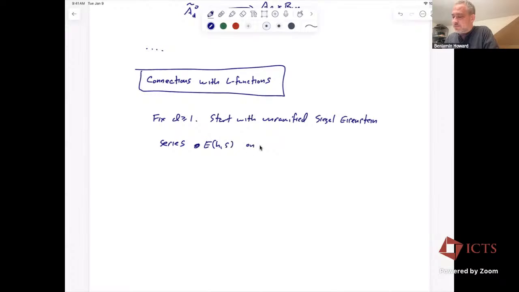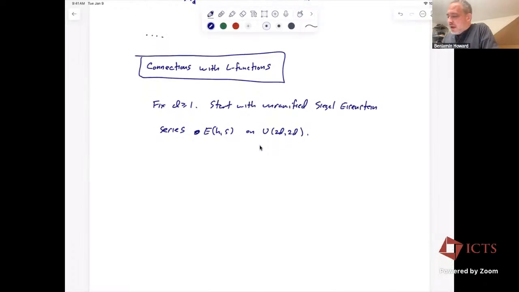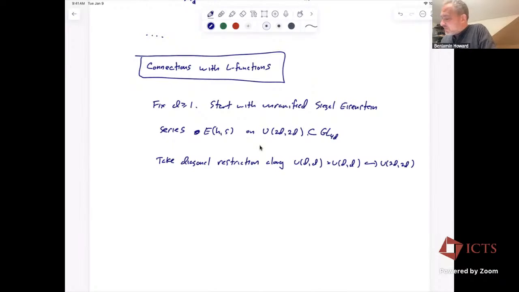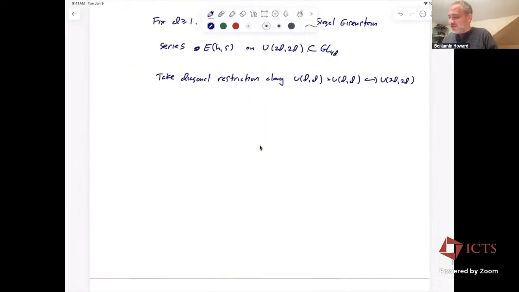E on U(2D,2D). So we're taking N to be 2D now. You can take the diagonal restriction along U(D,D) plus U(D,D) into U(2D,2D). So this, remember, is inside of GL_4D. So you can just take the block diagonal inclusion.